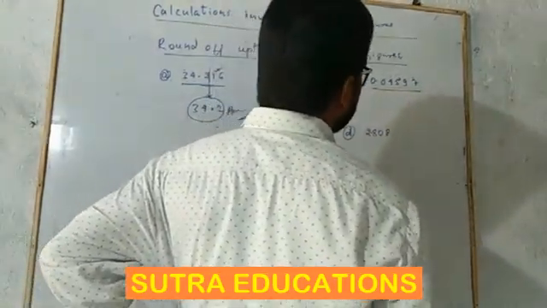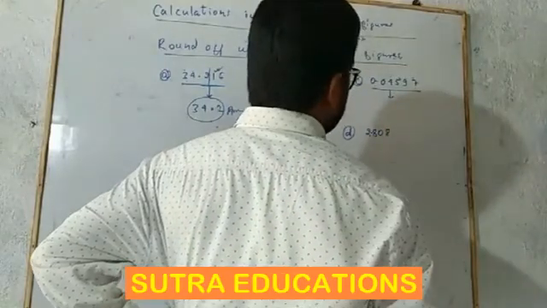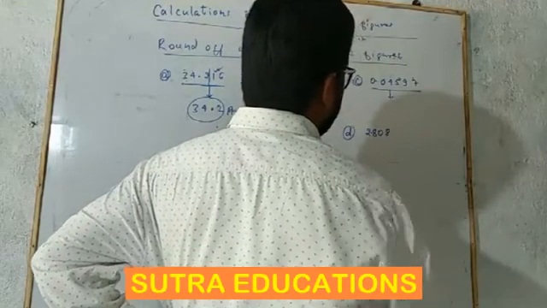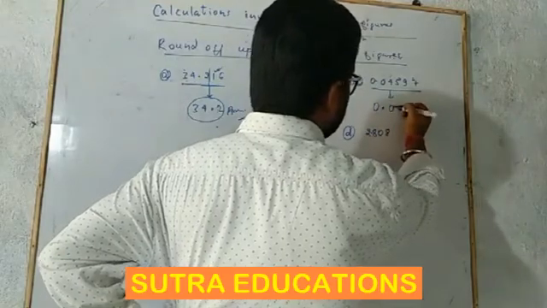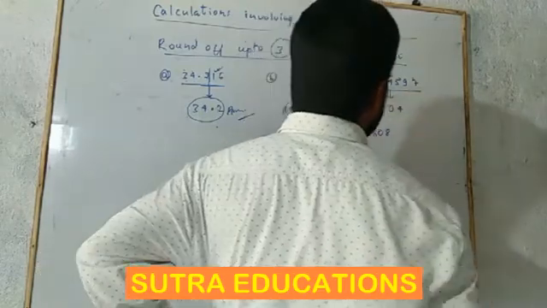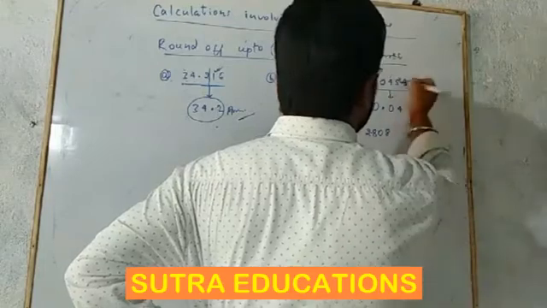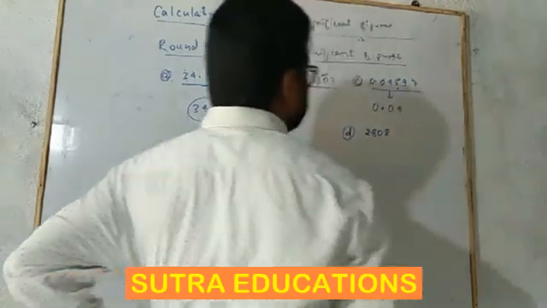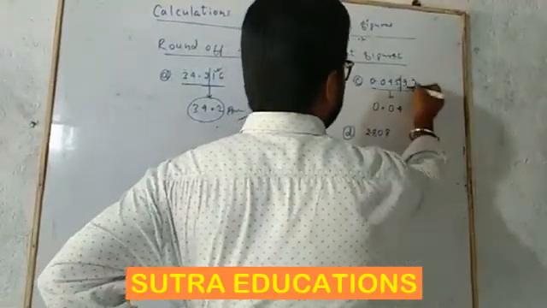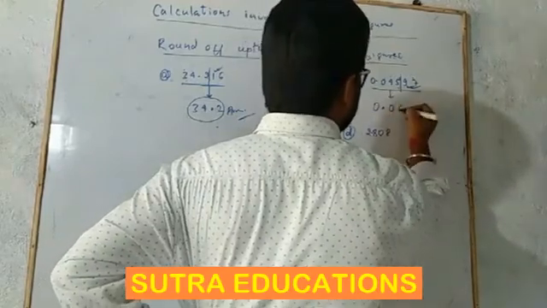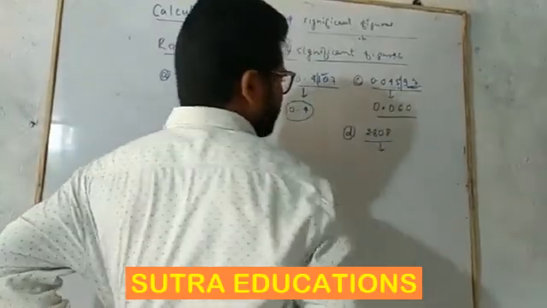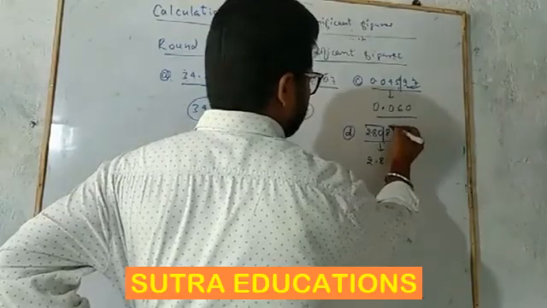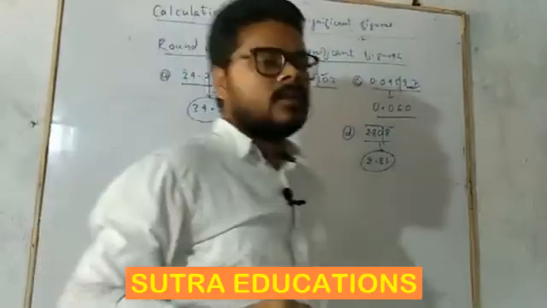So we have to take 0.0459 and round off up to 3 significant figures. So 0.045, 3 significant figures, and this is our desired digit 5, and the next digit 9 is greater than 5, so we will say 0.0460. Then 2.808: here we will write 2.81, since the next digit is greater than 5.